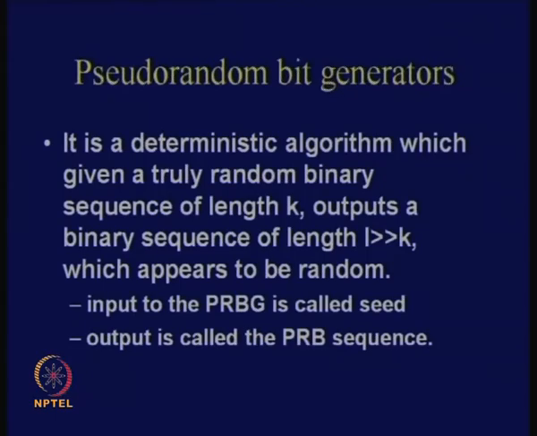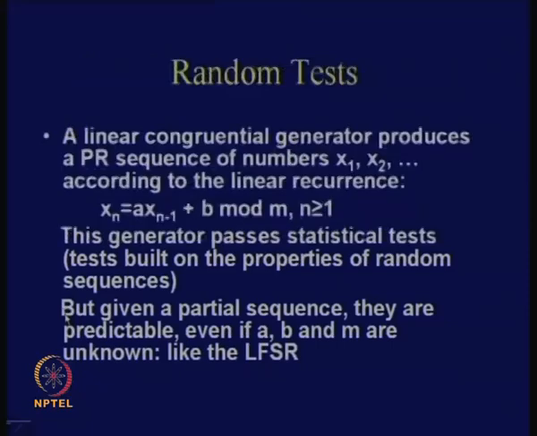But still it should look random, which means that there should not be any polynomial time algorithm which is able to exploit this particular fact. So it's not actually random, but it should appear to be random. That is the basic notion behind a pseudorandom bit generator.